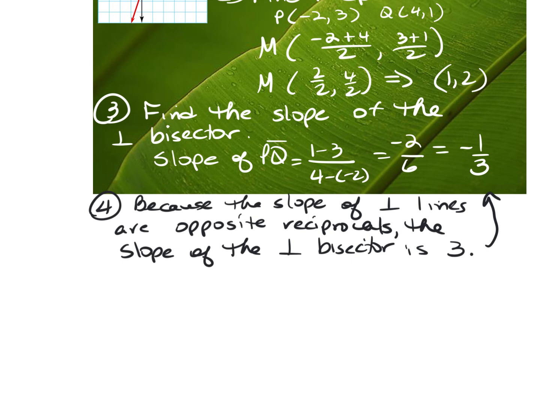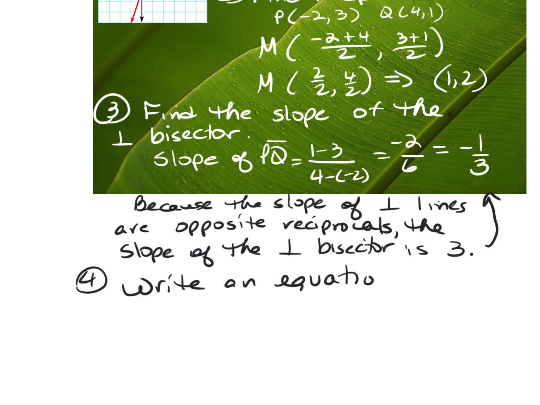And actually this is part of 3 still. So number 4 is going to be to write the equation. So we're going to write an equation for the perpendicular bisector. And this is what the question had asked.